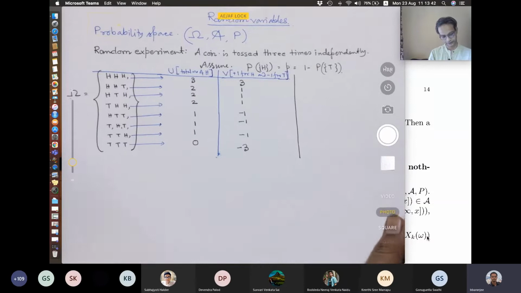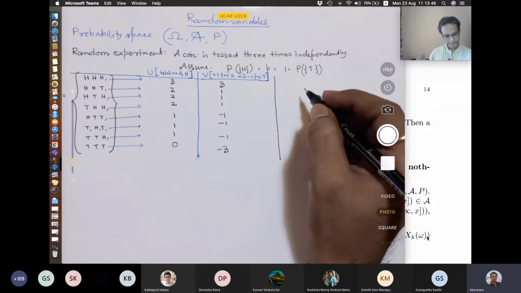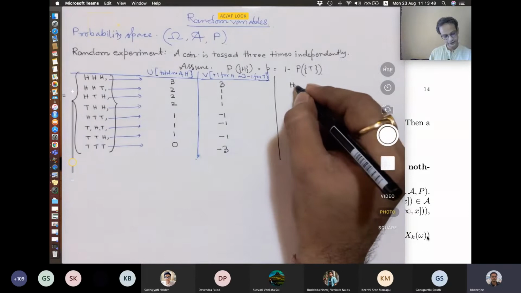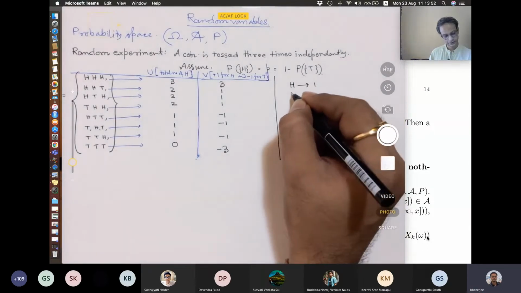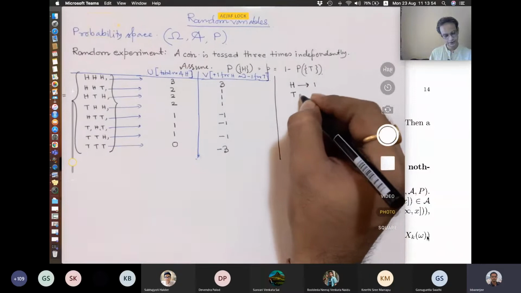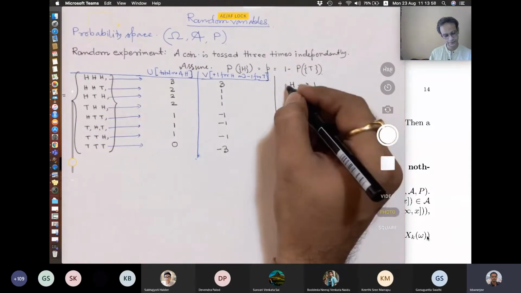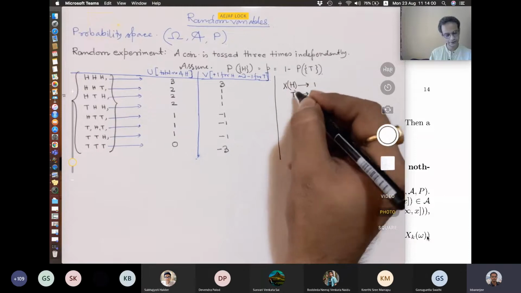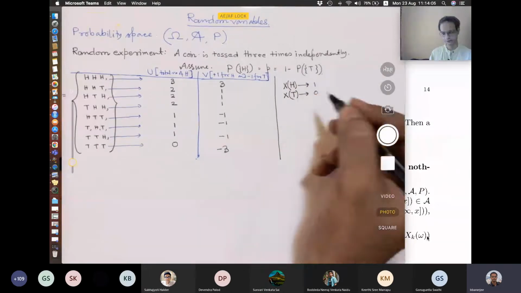The same thing you can also redefine in this way. Let me know if you agree with me or not: head is assigned 1, tail is assigned 0, and this law of assignment, let us call X, so X of head is 1 and X of tail is 0.